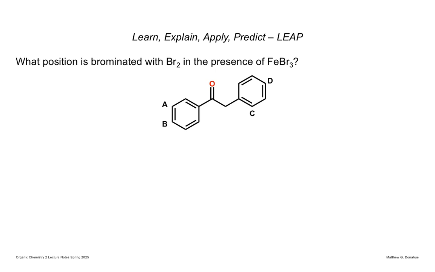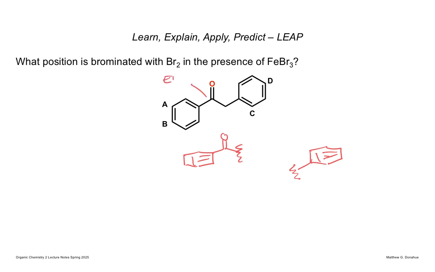So the way you want to think about this, you have two rings. Think about them separately. What you're looking at is the benzylic carbon of each ring.